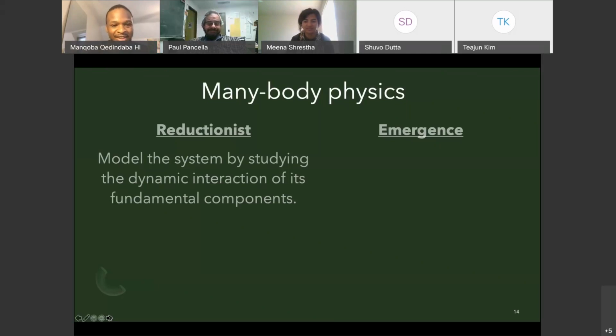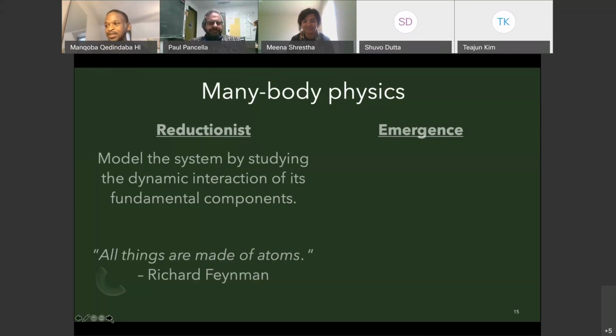You can write in the chat. Let's see what people think. Well, I already told you Richard Feynman said it, so it must be very important. He said this: that all things are made of atoms. And so this was a very important thing.